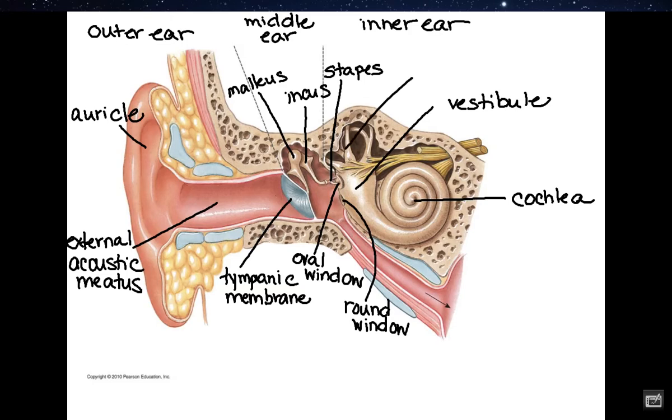And then the little arches that come off of the vestibule are called the semicircular canals. So that is the anatomy of the ear that is actually involved with both hearing and equilibrium.